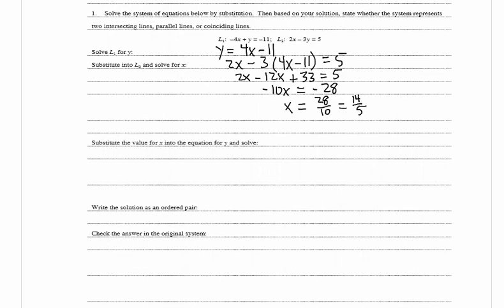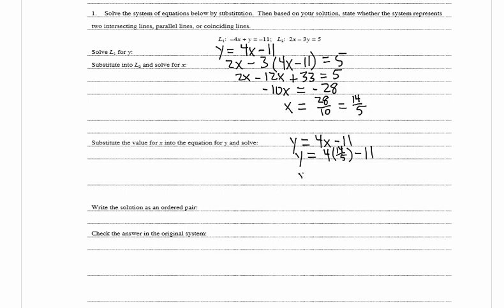Now we're going to substitute the value for x into the equation for y and solve. So we had y is equal to 4x minus 11. Now we're going to plug 14/5 in for x and solve for y. So y is equal to 4 times 14/5 minus 11.